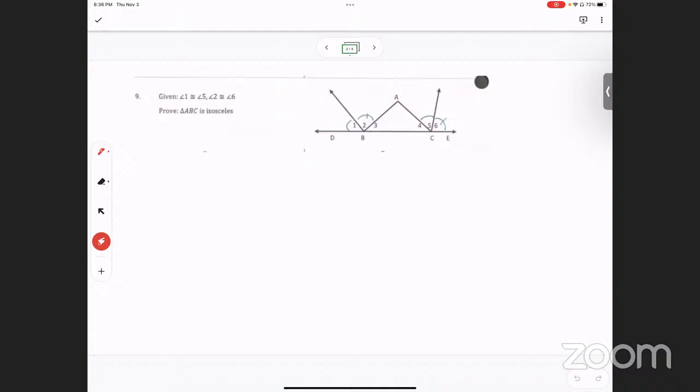You could probably do either one. You could probably say 3 and 4 are congruent because supplements of congruent angles are congruent. I think that's the property. Yeah, that's what it says.